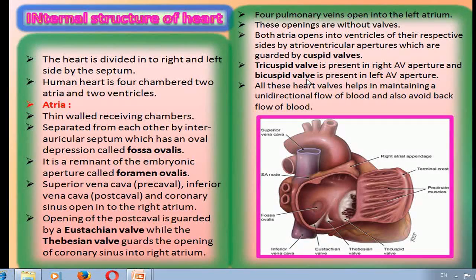It also prevents the backflow of blood from the left ventricle to the left atrium. The bicuspid valve is present in the left atrioventricular aperture.